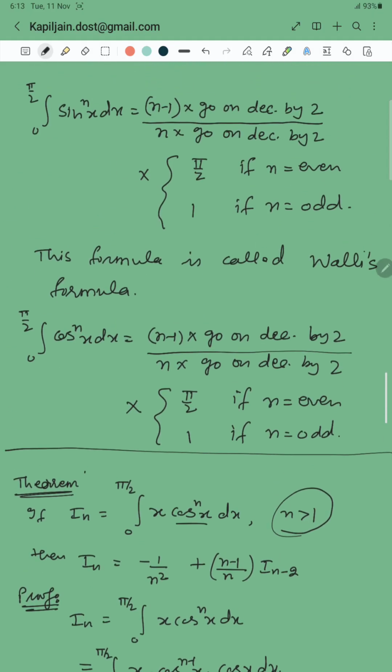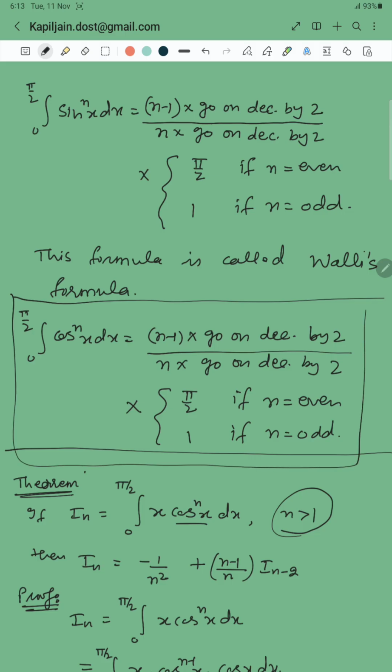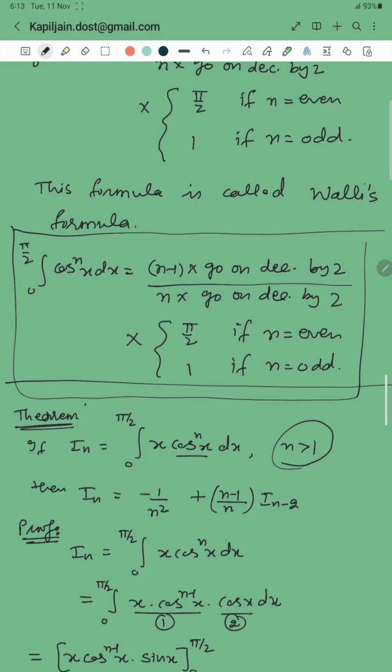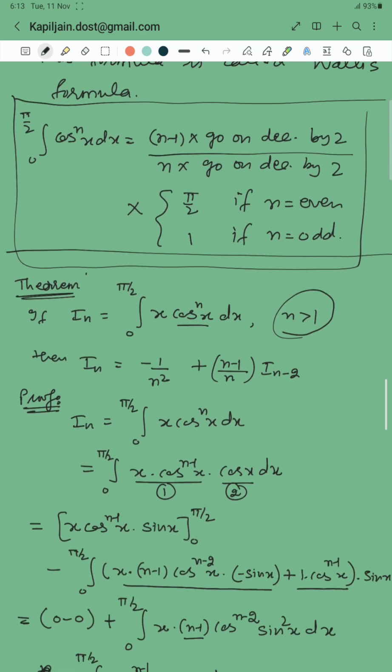Yes, see this result. (n minus 1) go on decreasing by 2 divided by n into go on decreasing by 2, and multiplied by pi by 2 if n is even and 1 if n is odd.